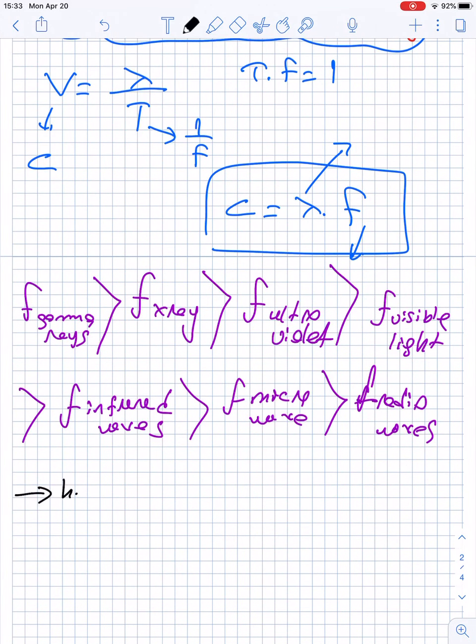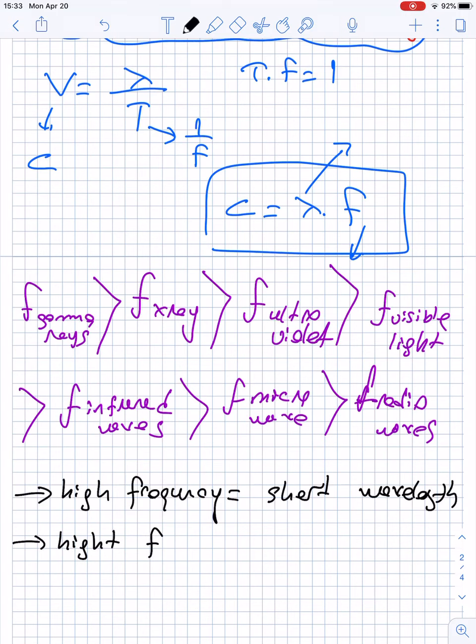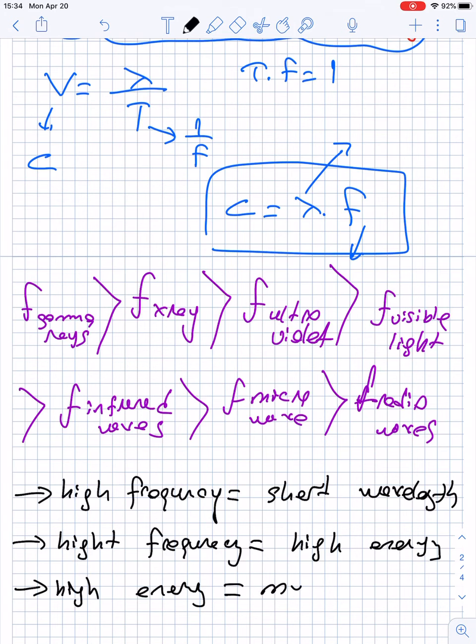Okay, this is very important. High frequency means short wavelength, and high frequency means high energy, and high energy means more dangerous.